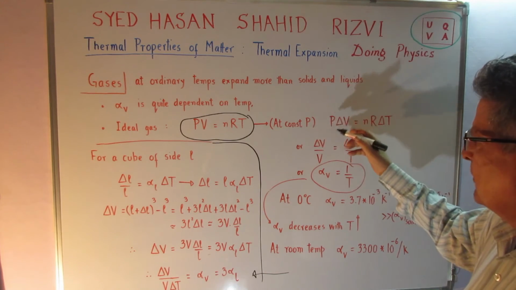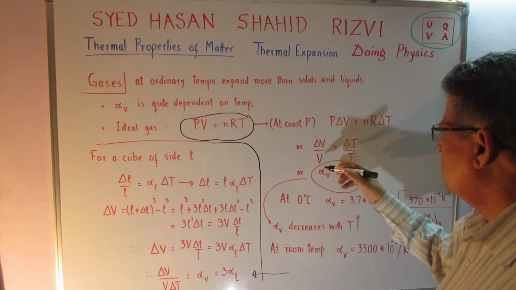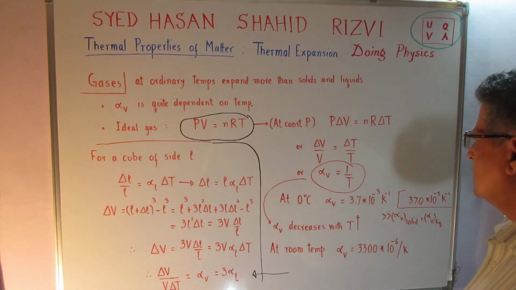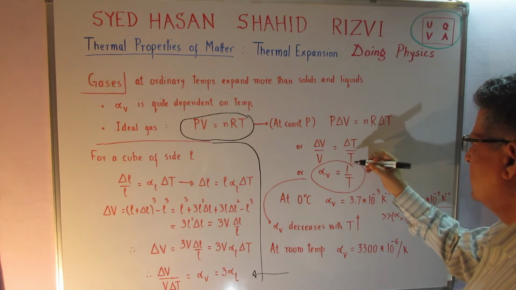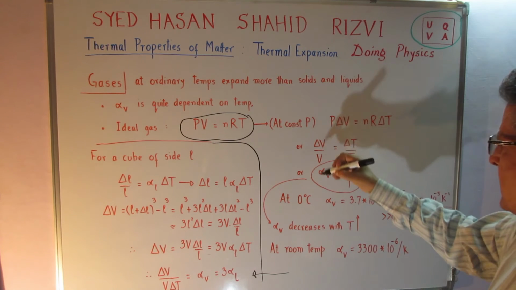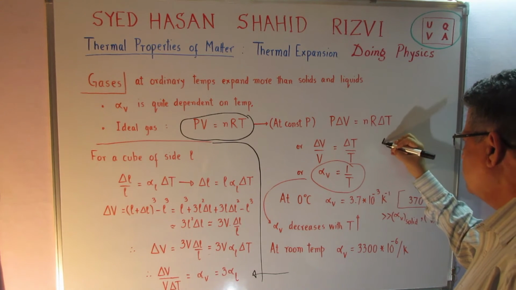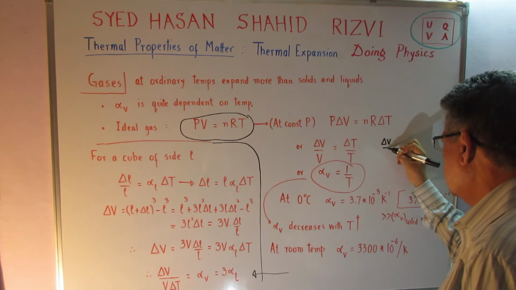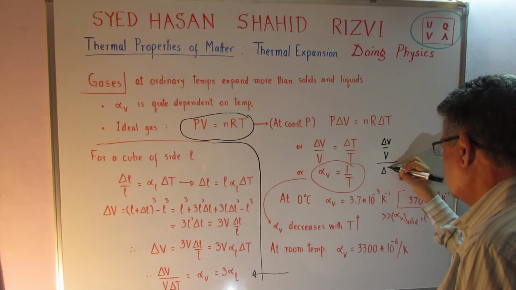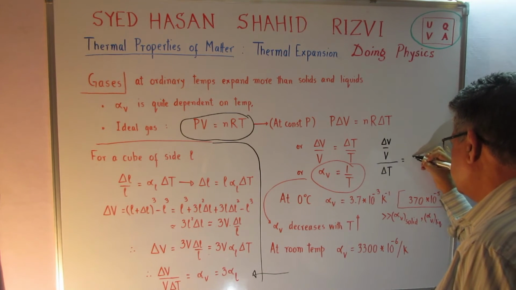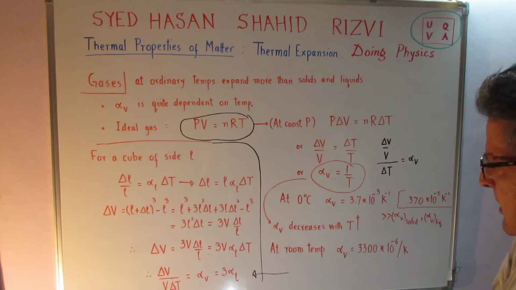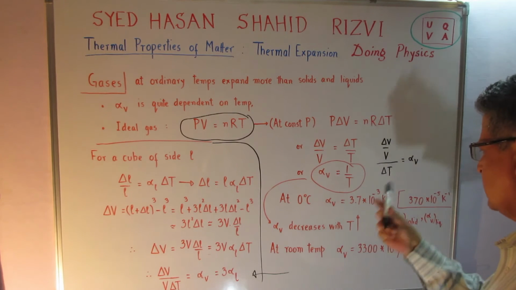Now if I divide this equation by this equation, I'll get delta V upon V, and on the other side RT, where R and n will cancel, and delta T by T. So we find that delta V upon V divided by delta T is defined as alpha V, the coefficient of volume expansion for this substance at the given temperature.